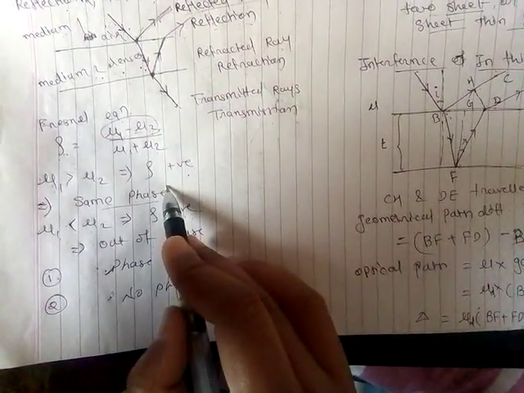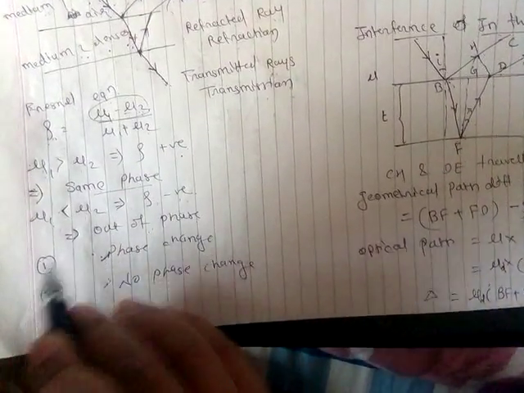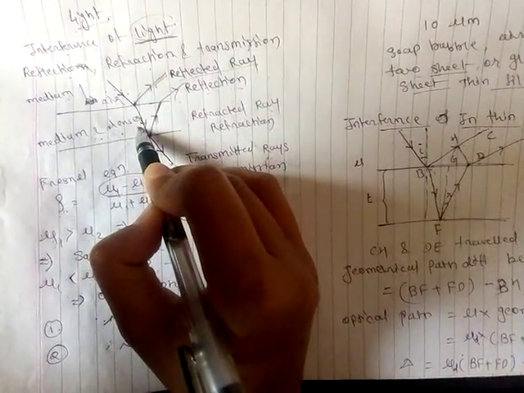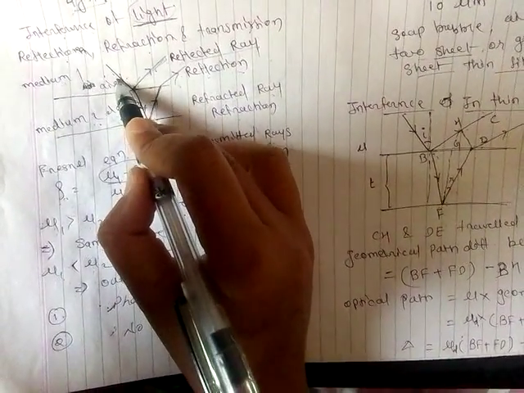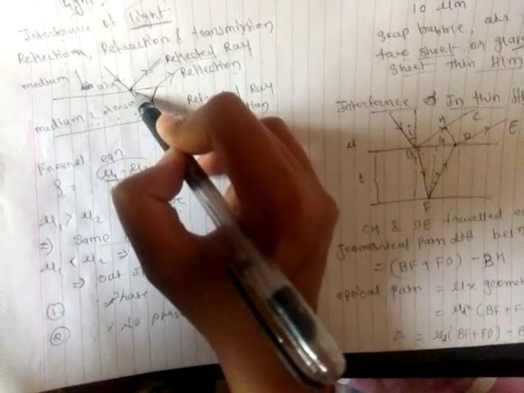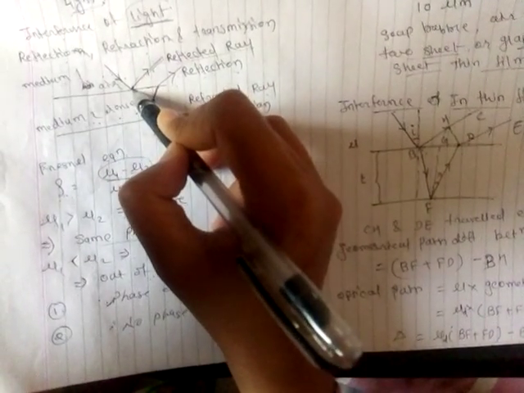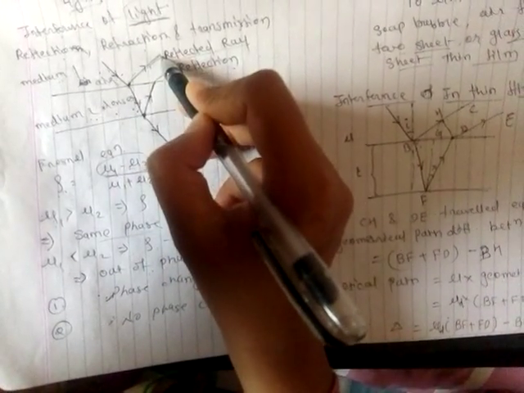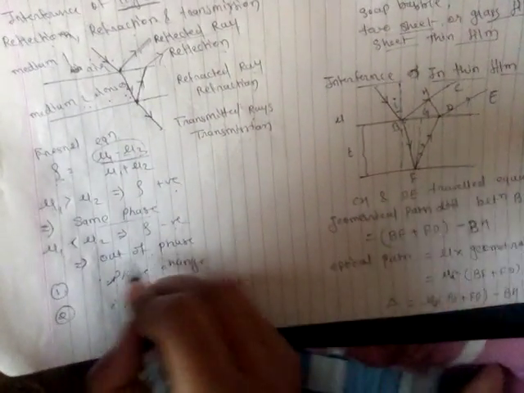From this condition, we conclude two things. The first is that, suppose this is the rarer medium and this is the denser medium, if the ray comes from the rarer to the denser medium and is incident here, and reflects back, then there is a phase difference.